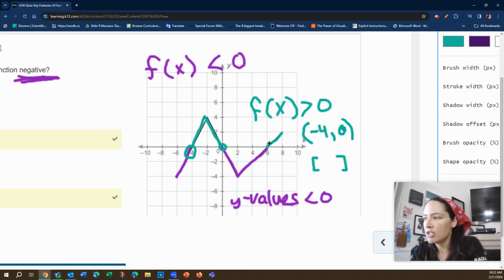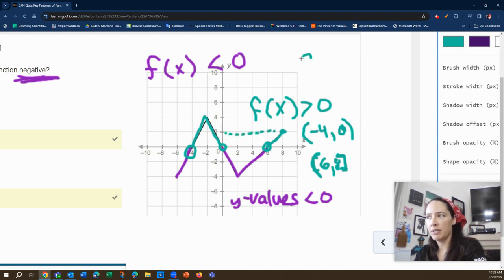Over here, where it's positive, it's at 6. So that's going to be a parenthesis, our lower bound, right? The left side is our lower bound, comma, up to our upper bound, 8. Well, it's not on the x-axis, so we can actually include 8. 8 is a value where the function is indeed positive, right? It's above the x-axis. The function actually equals 2.